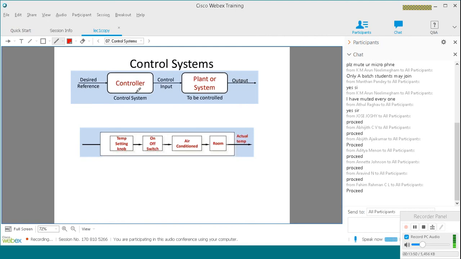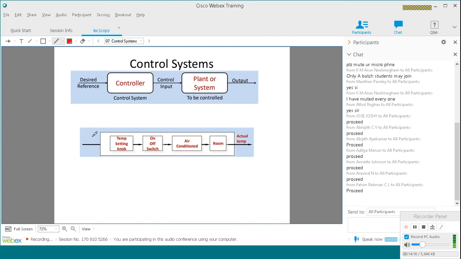So, the block diagram shown here is an example of an open loop control system. If we take an example of an air-conditioned room, output is the actual temperature and input is the desired temperature. You want to maintain the temperature of the room at a particular temperature. That is your desired input.